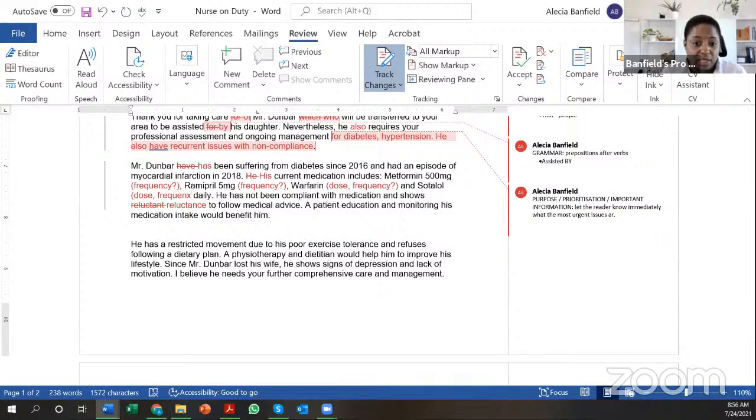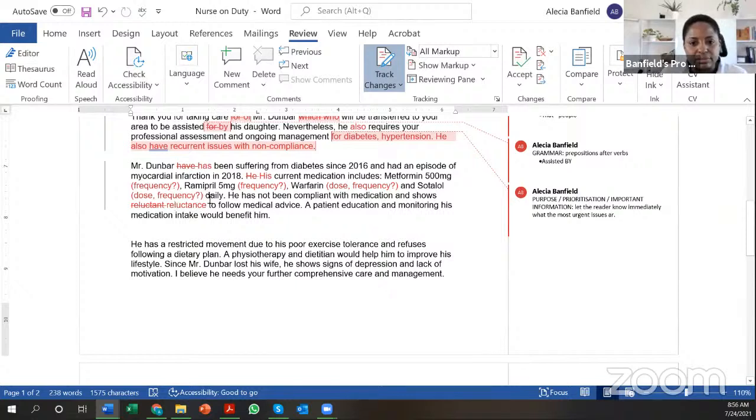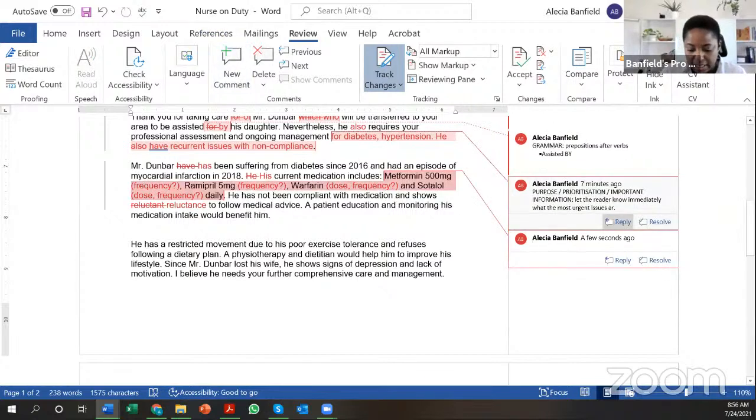Because imagine if this really were your patient in real life, you knowing that they're on sotalol doesn't really help you. You want to know how much are they on and how often are they supposed to be taking it. So what I would do here then is go, this is important information. And this is one of the criteria: is all the important information included?